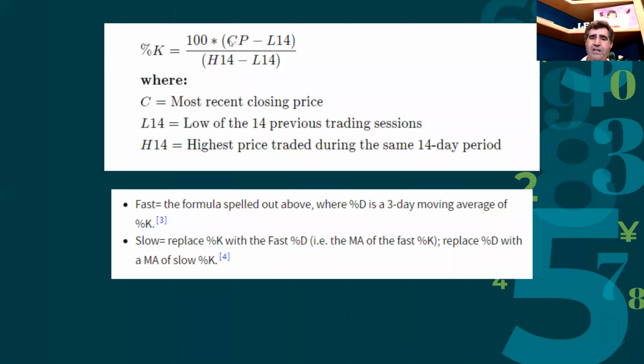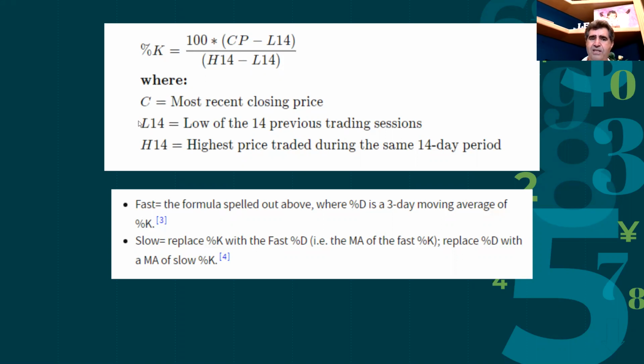If the closing price is closer to the high of the last 14 days, obviously the percentage will be higher. That means if you're at 90% or 75%, we have nice momentum going. That means in the past 14 days, this is positive.